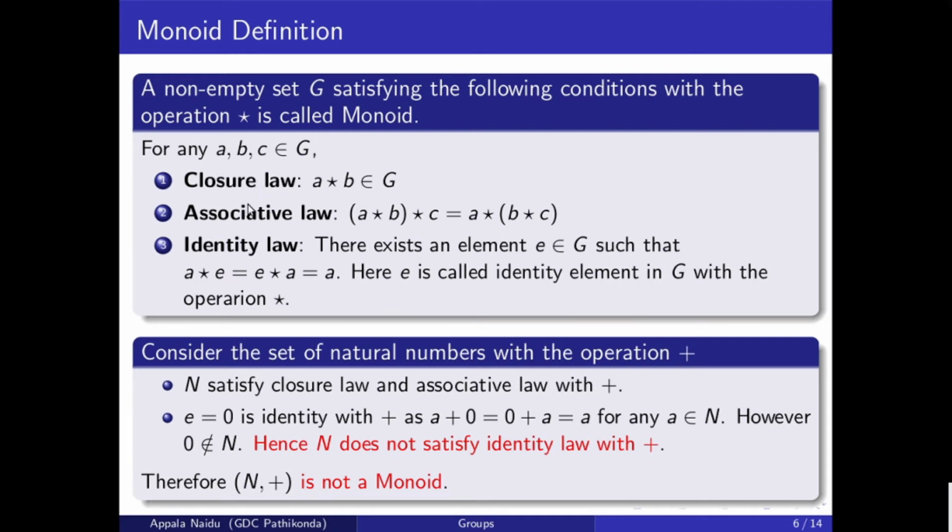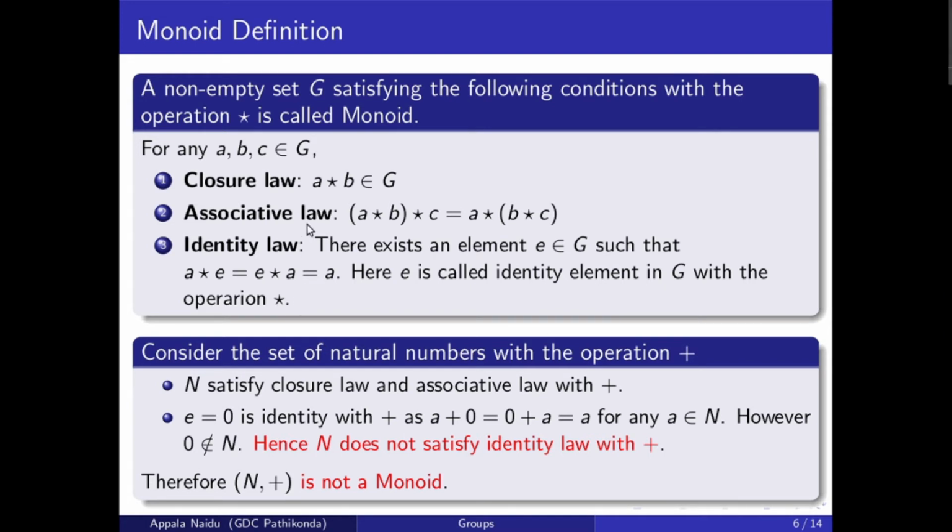The first condition is closure law, that is, for any two elements in G, A star B has to be in G. Associative law, that is, A star B star C equals A star B star C. The identity law: there exists an element E in G such that A star E equals E star A equals A. Here E is called the identity element in G with the operation star.